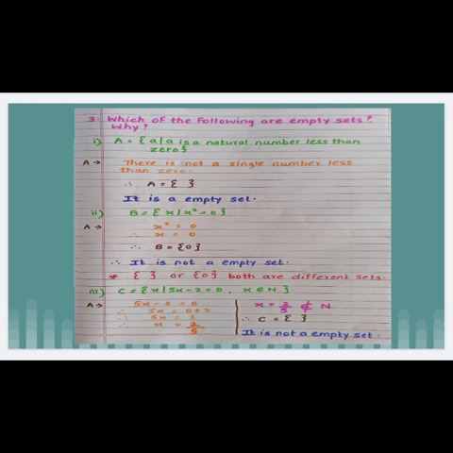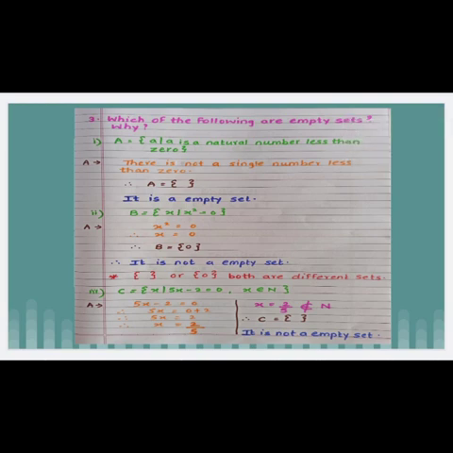Third one, set C is a set in which x is such that the given condition, that means equation, 5x minus 2 is equal to 0, and they given one more condition, x belongs to N. So first we will solve this equation, 5x minus 2 is equal to 0.